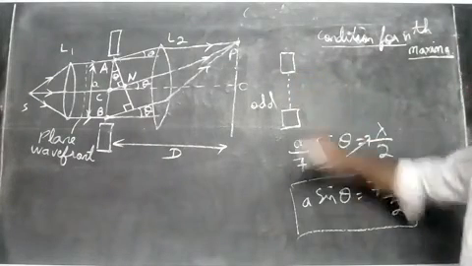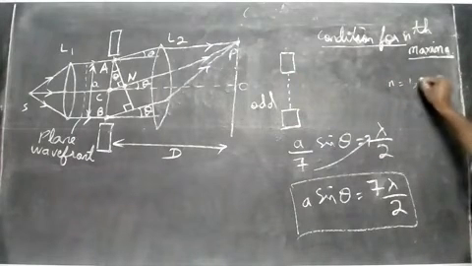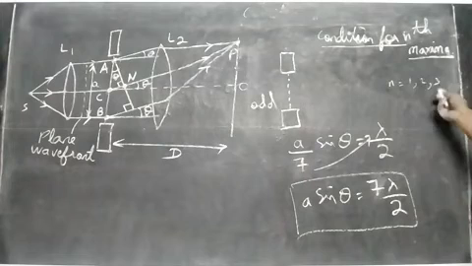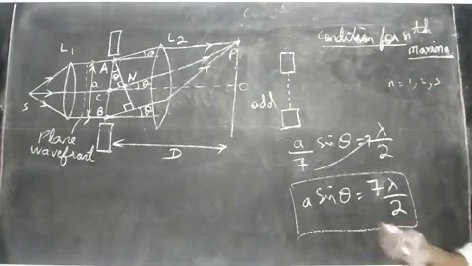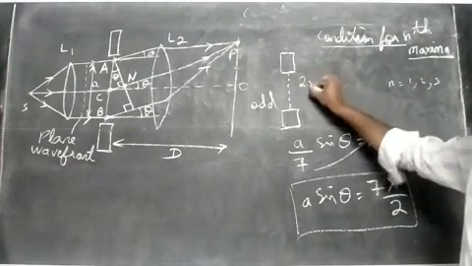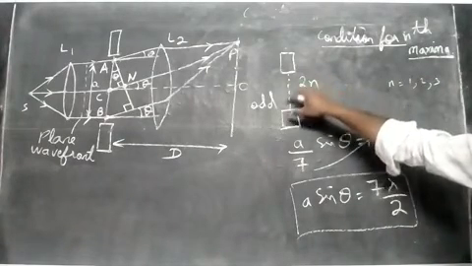If you write simply n, n is 1, 2, 3, 4. But we have even numbers and odd numbers in it. So you must change the even number also into an odd number. If you write 2n, 2n means what? If you divide this slit into that number of parts.